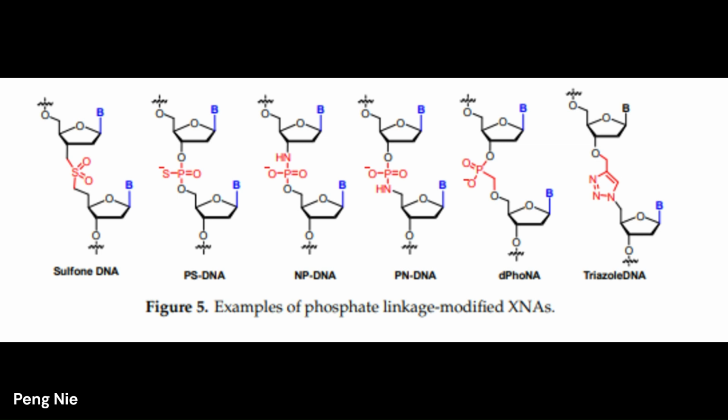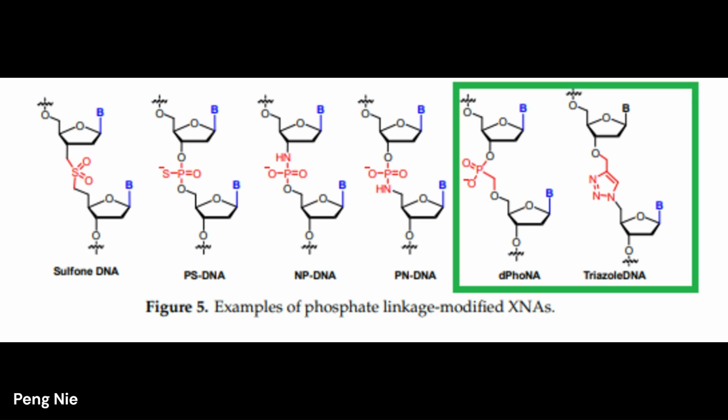So, if alien life was to use one or the other, which one it utilized would depend on whether it arose in a basic or acidic environment. Two other nucleic acids which can form stable strands are the triazole and DFO NAs.